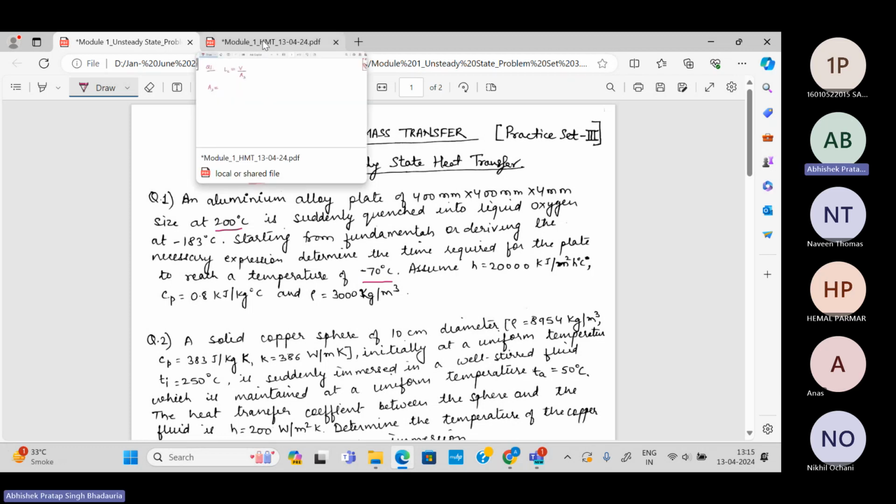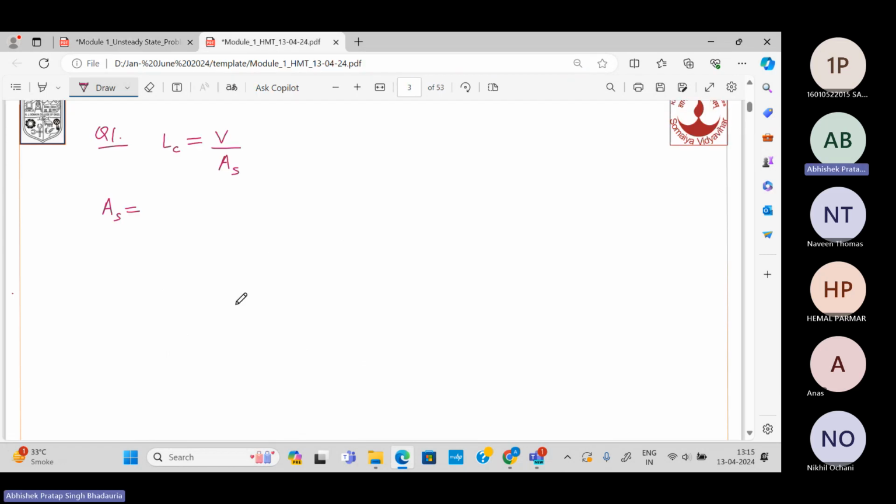So let's calculate. 400 mm is 0.4 meters, so 0.4 meters into 0.4 meters. This is the surface area, and we have to consider both sides of the plate, so we multiply it by 2. The calculated value you will get is 0.32 meter square.